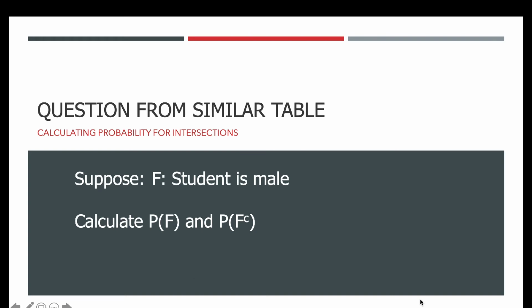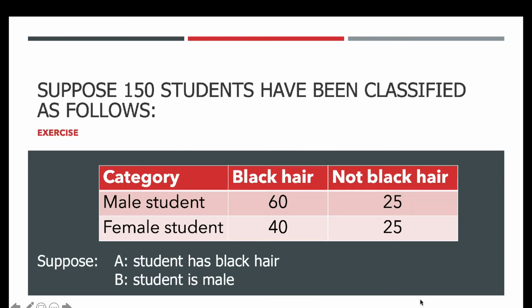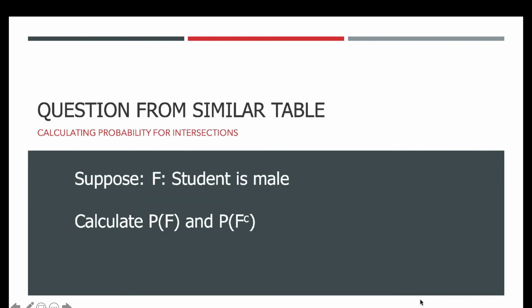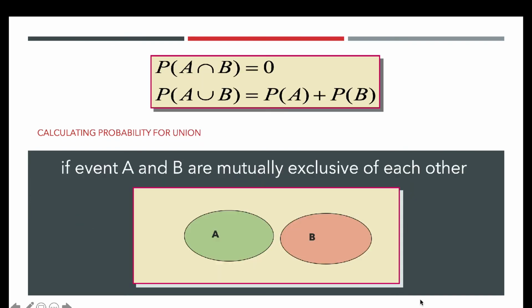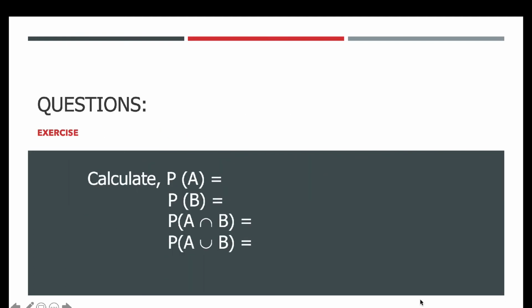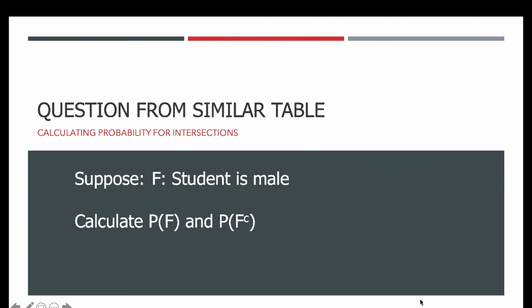Moving on to the next question, which is from a similar table. Looking at the table again, the question is to calculate PF, which is the probability of F, which is that the student is male. But please pardon me for the intersection, because this is not to calculate the probability for intersection.